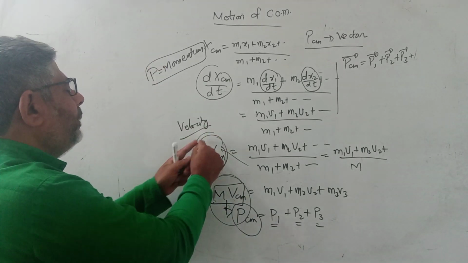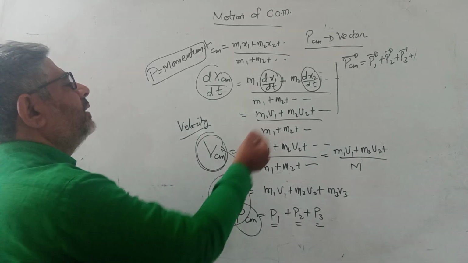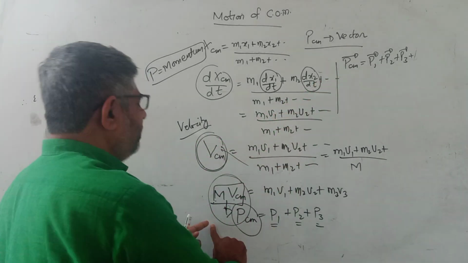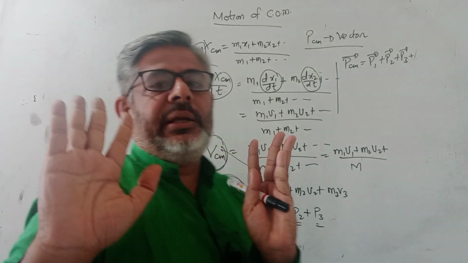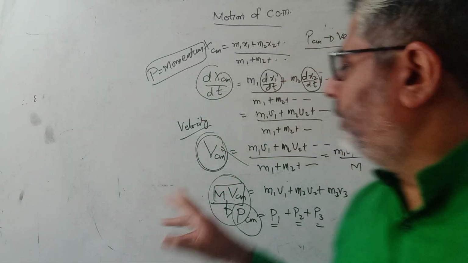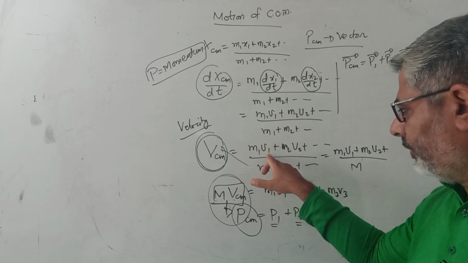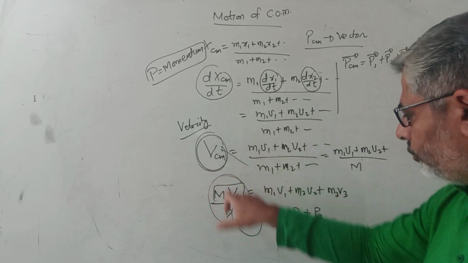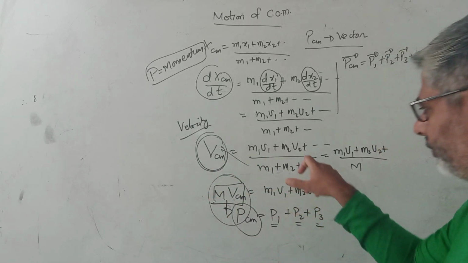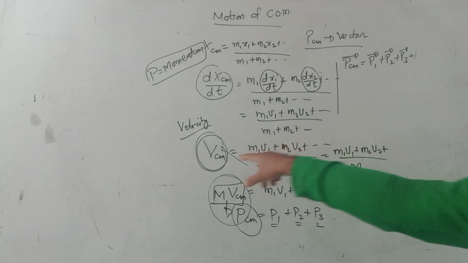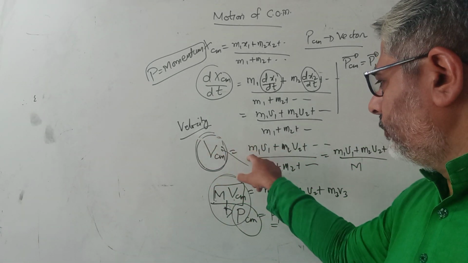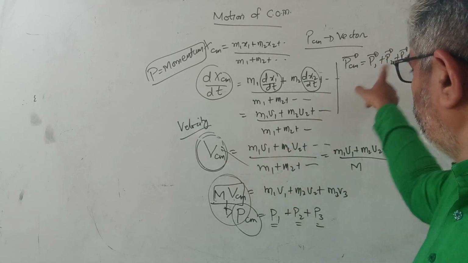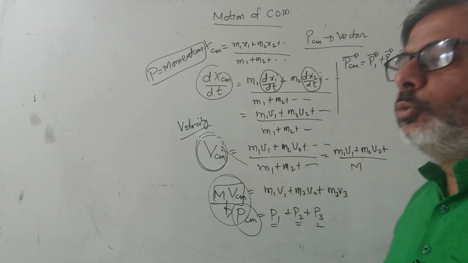Or simply, if I put a vector sign over this, as I have put here in momentum, then you can say this is the velocity which can be in any direction, x, y or z. So just as I wrote the momentum equation vectorially, this equation can also be written in vector form: v vector cm equals m1 v1 vector plus m2 v2 vector upon m1 plus m2 plus m3.